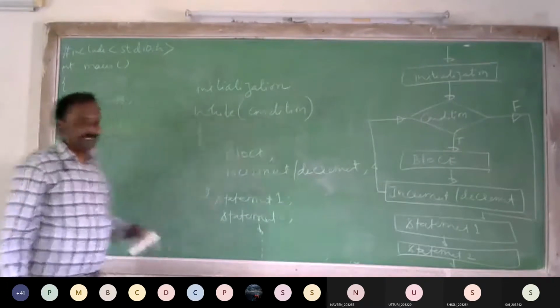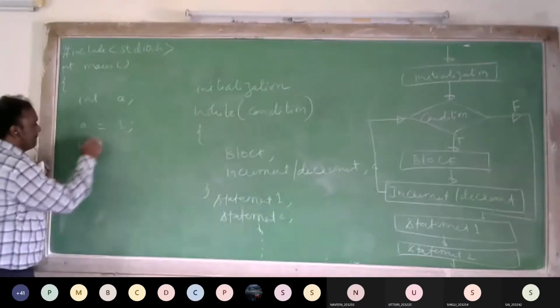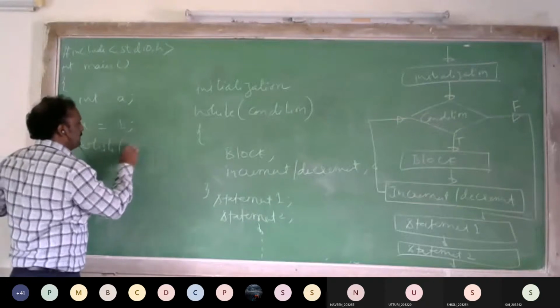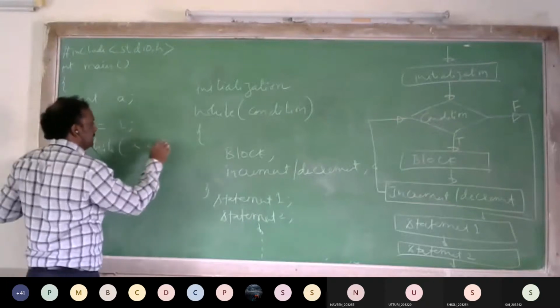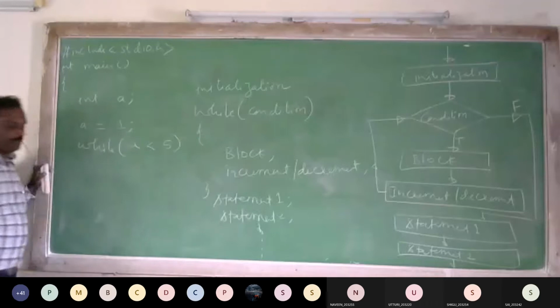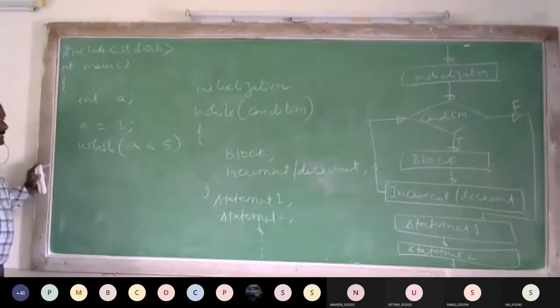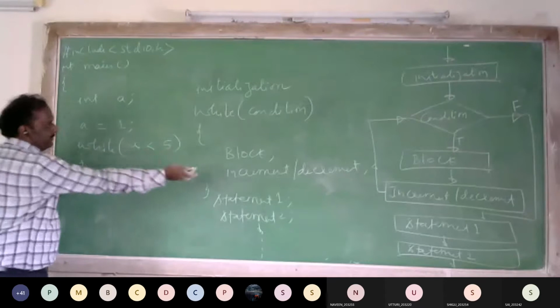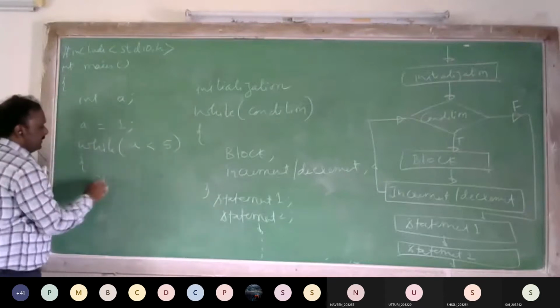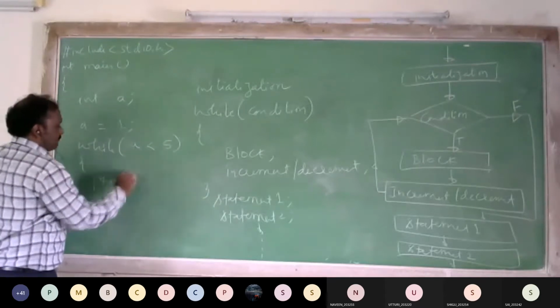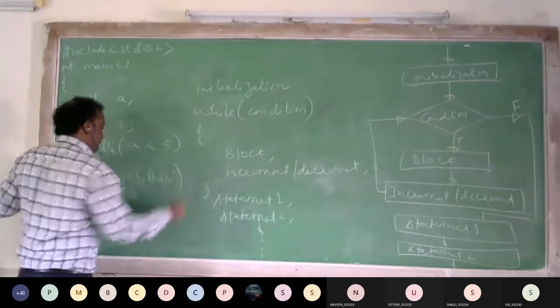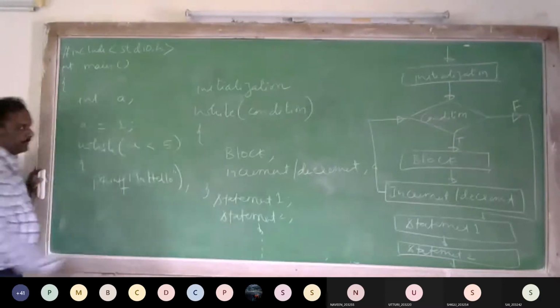Now test the condition. While a is less than 5. This is the condition. Now I will write some block of statements. So printf hello.